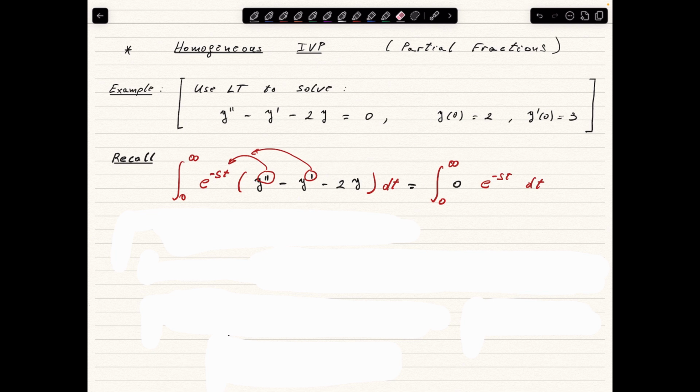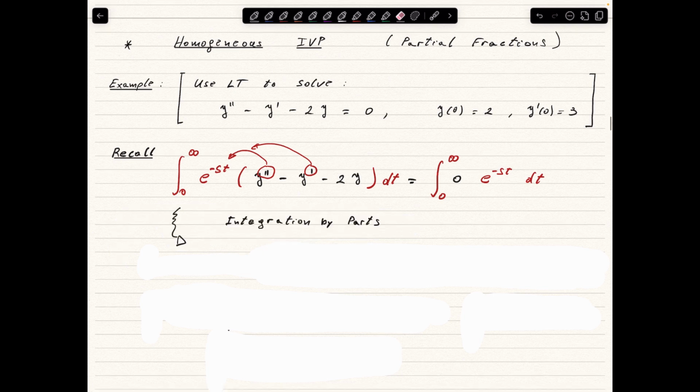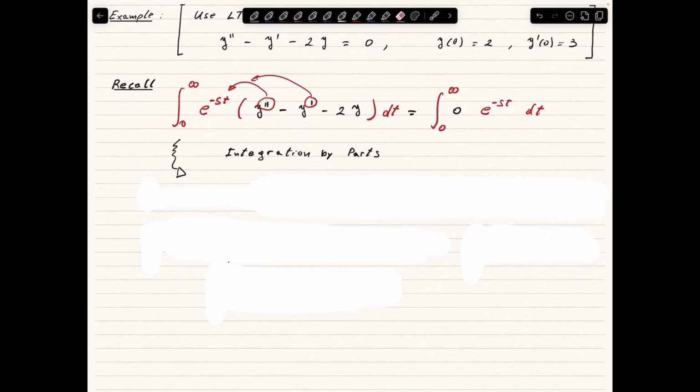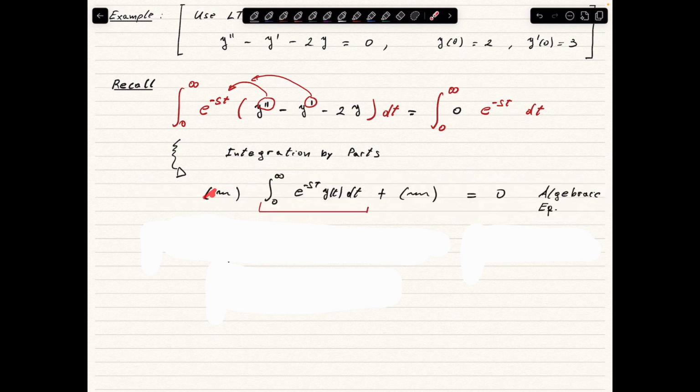The idea is to obtain an equation of the form: some coefficients that depend on the variable s that we introduced, multiplied by this function, which is the Laplace transform of y, plus some other function of s, equals 0. Recall this here is a definite integral, so this is equal to 0. And what we have here is an algebraic equation for the Laplace transform of the solution.